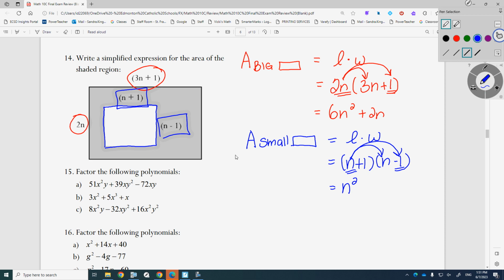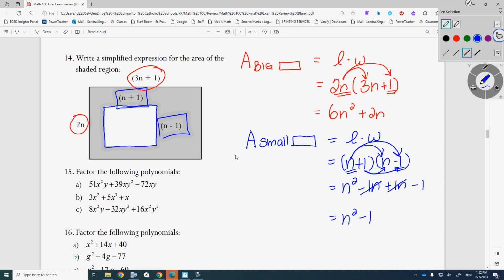N times negative 1 would be negative 1n. Over here, I'd have plus 1n. 1 times negative 1 is negative 1. Join those n's together, and they would actually cancel. Negative 1 plus 1 would give you 0 n's. So this would cancel, and we'd be left with n squared minus 1.